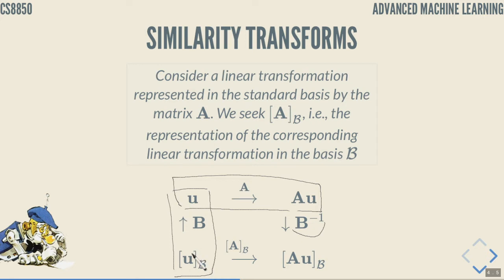We know that going from U represented in the B basis back to the canonical basis is just applying B. So we want to know what is A sub B, a transformation that takes the representation of U in the B basis and turns it into the transformed version, the representation of AU in the B basis.